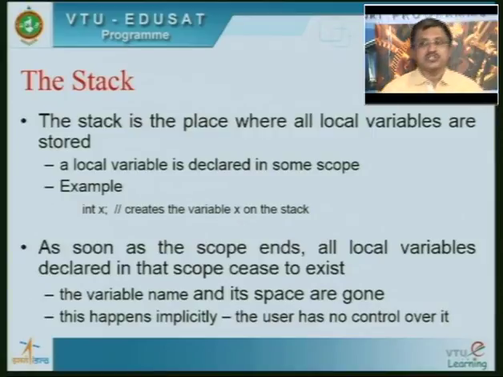This happens implicitly. All the discussion that we have had with respect to stack is transparent to the programmer. The programmer simply defines a function, writes instructions into it, and at some other place invokes that function. All these things happen internally without the knowledge of the programmer. The programmer need not take any care to see that these things happen.